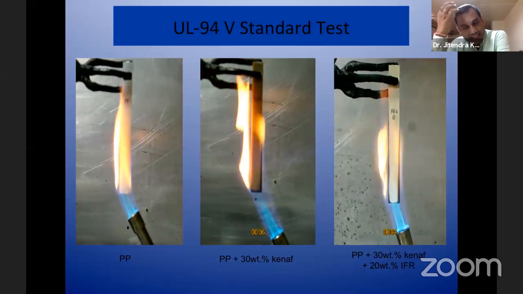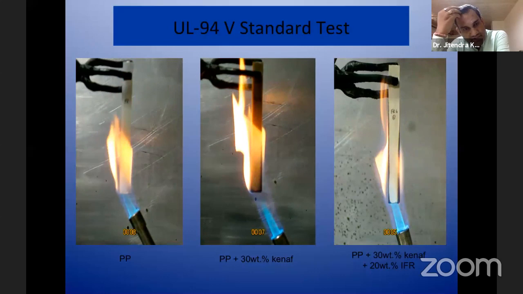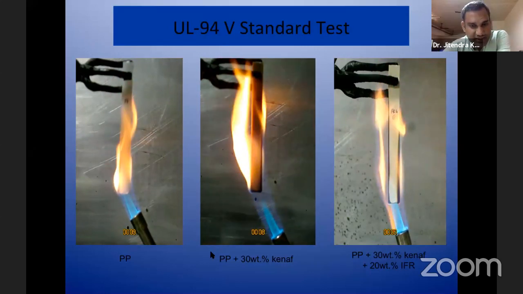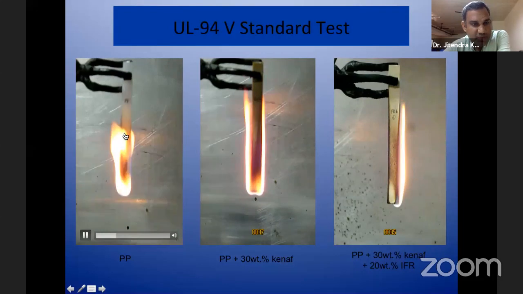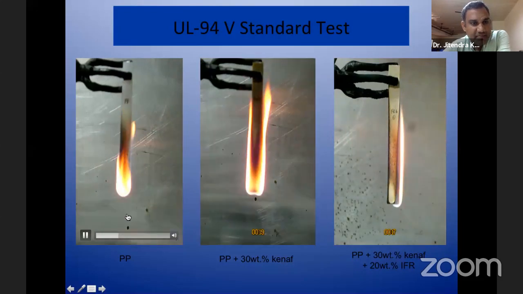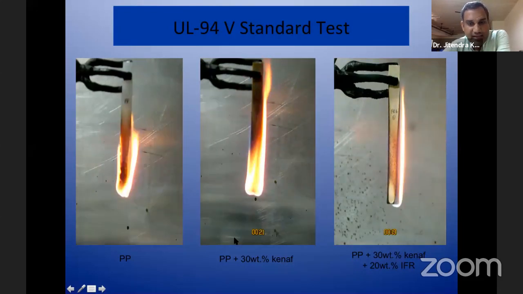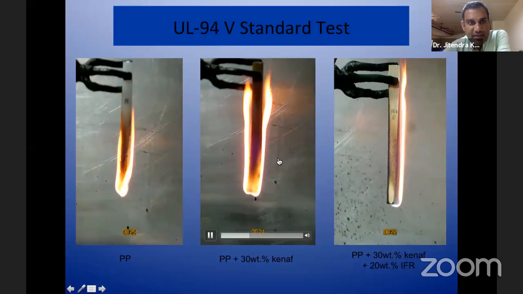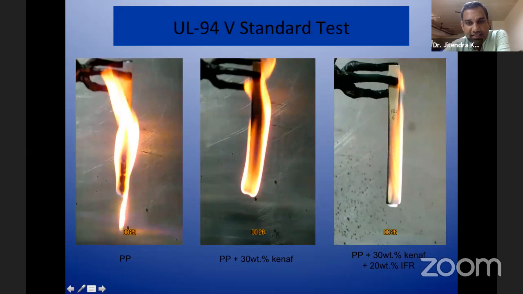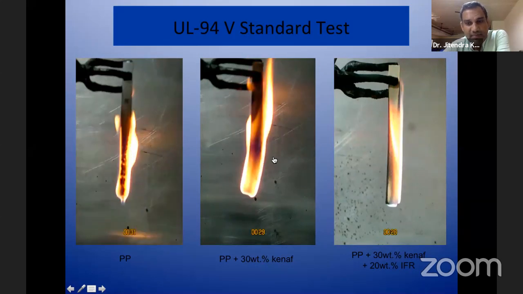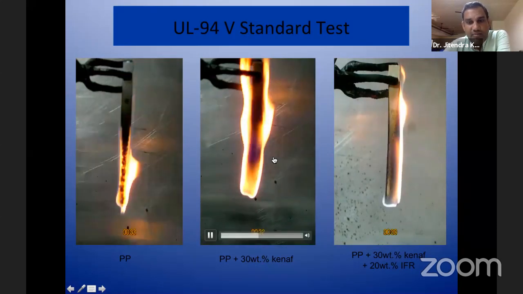In this test you can see within 14 seconds this pure plastic, this polypropylene, is showing dripping. It also starts burning, and it can still sustain for some time, but after some time it will burn.